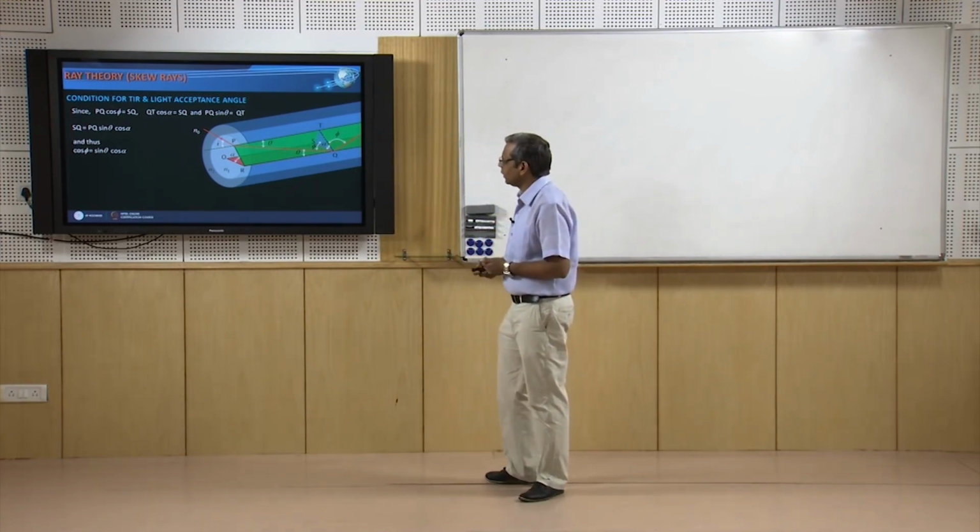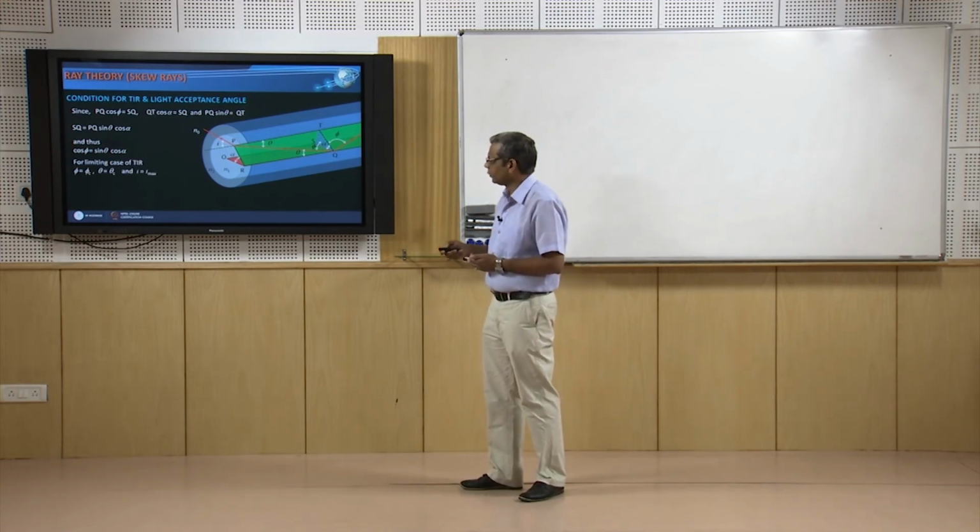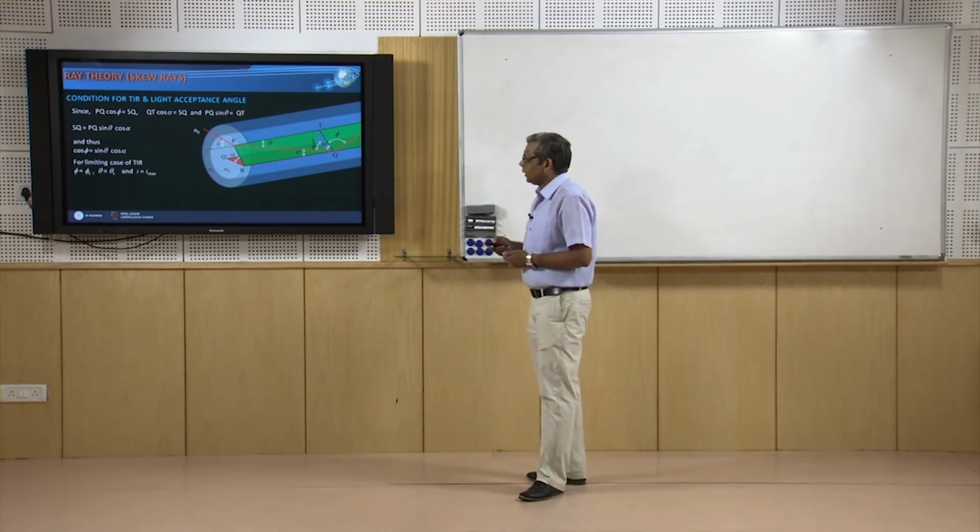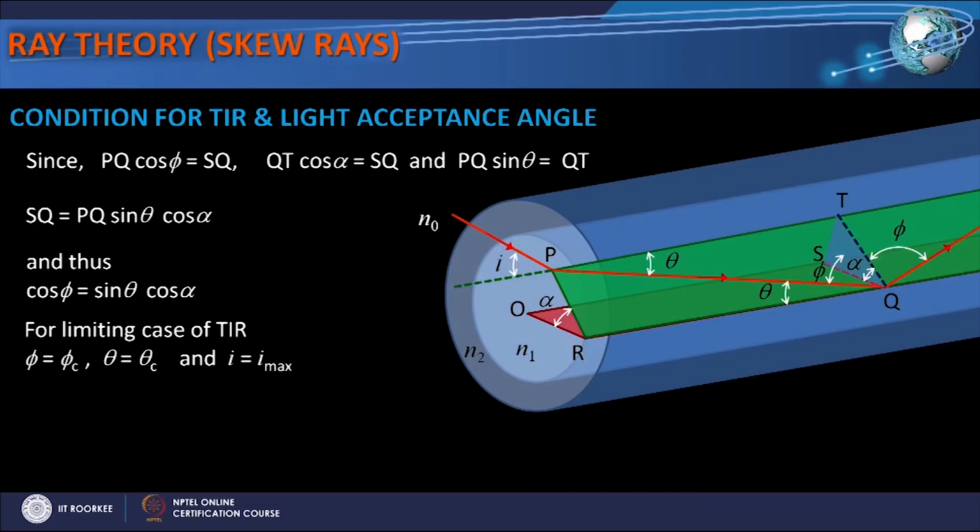Theta is related to I, so I can relate it to I, and then I can find out what is the condition of total internal reflection. I know that for total internal reflection phi should be greater than phi c, and if I consider this limiting case for TIR, then phi is equal to phi c, correspondingly theta is equal to theta c, and let us say I is equal to I max.